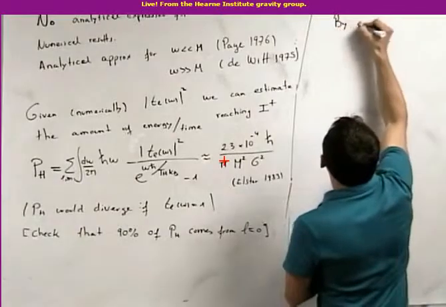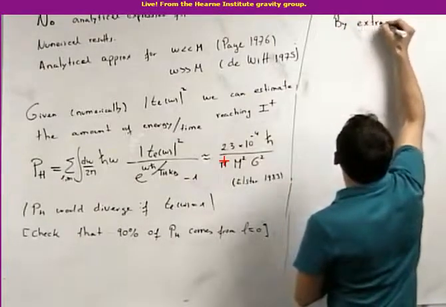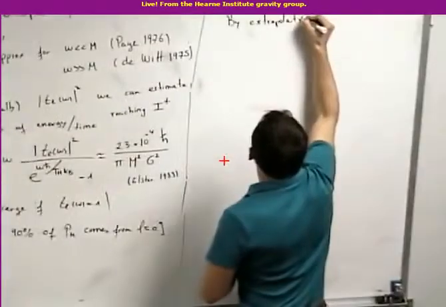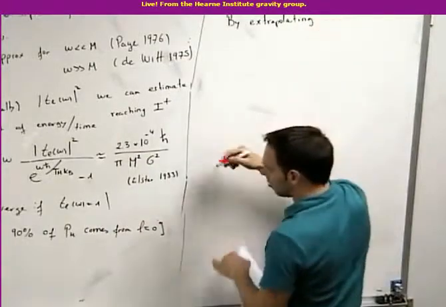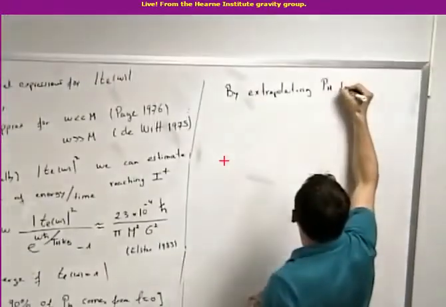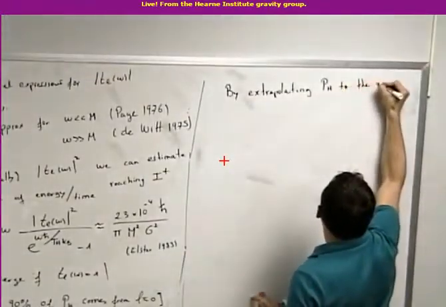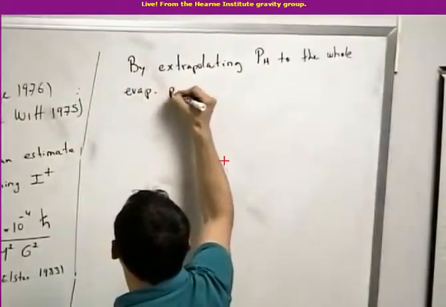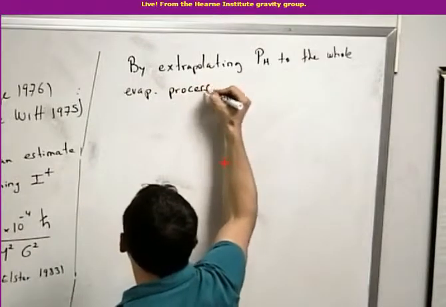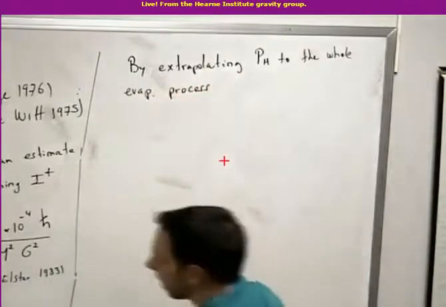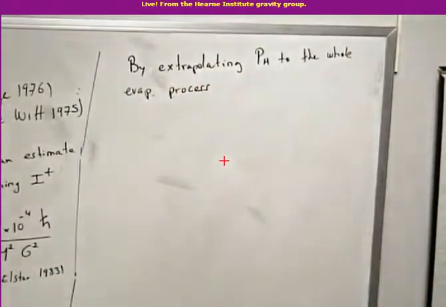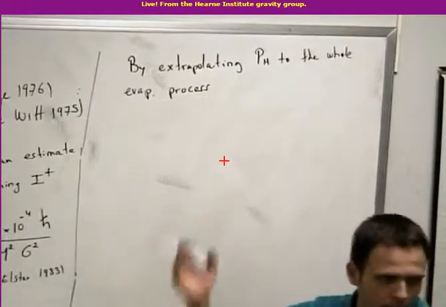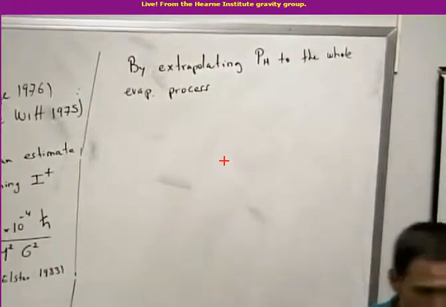So by extrapolating this expression P_H to the whole evaporation process, which I said is a very good approximation, except in the last few Planck seconds, and that is going to be negligible compared to the millions and millions of years that we are going to obtain.